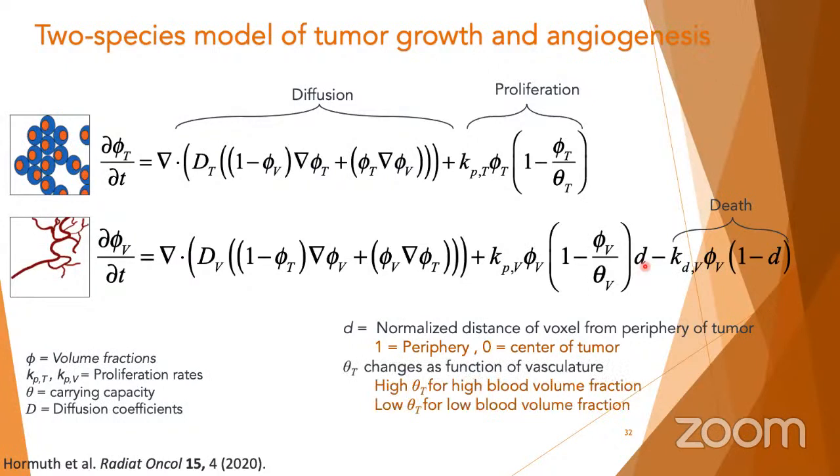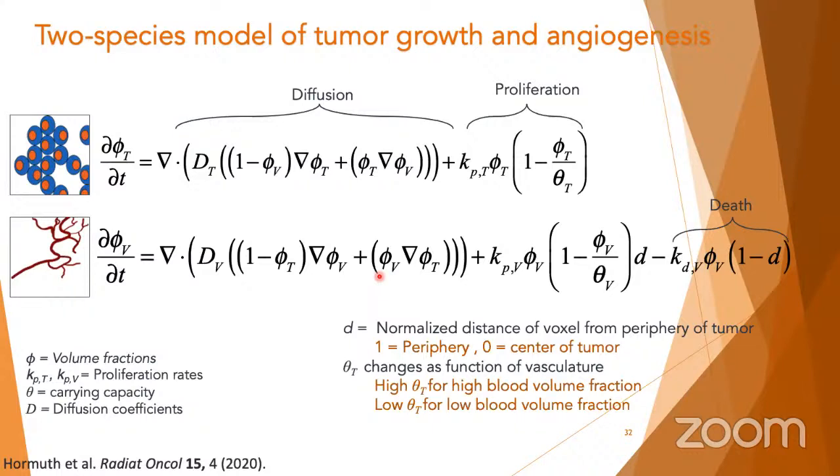Can I ask a question? Yeah, sure. Hi, this is Etienne. In your vasculature equation, in the divergence term, not the diffusing one, but the advection one, I guess this is the angiogenesis term, because the vasculature is migrating toward the tumor in some way.